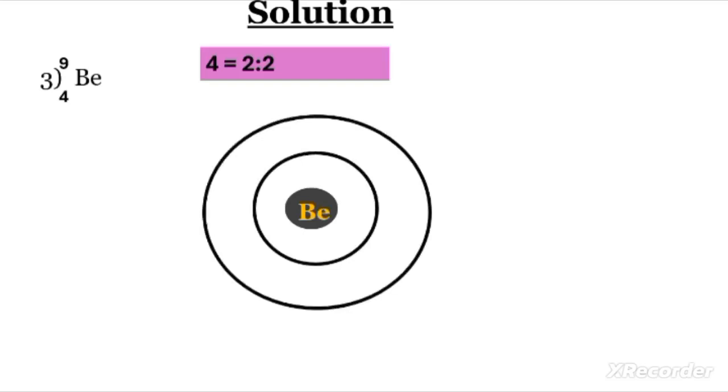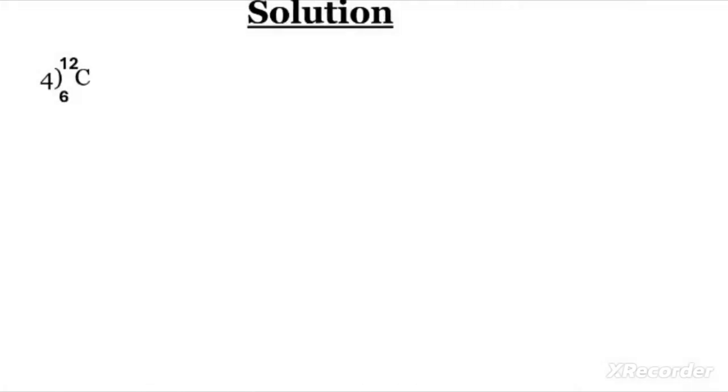So the first shell will have 2 electrons. The outermost shell will have 2 electrons also. So as we can see, we have written the electronic configuration. We have also drawn the electronic configuration. Let us move to the next nuclide.